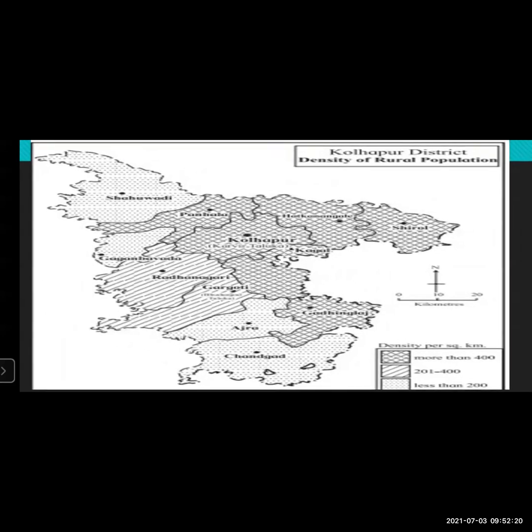These are the things you have to first learn before answering any questions related to this map. Then you can see the places given here: Shahuwadi, Panhala, Kolhapur. So this is basically a Kolhapur district density of rural population map.